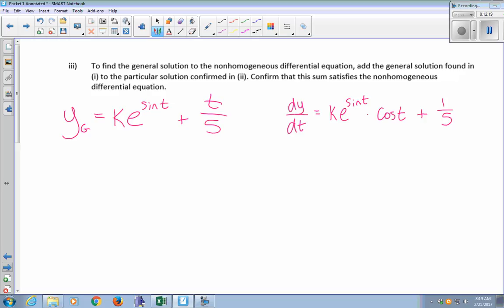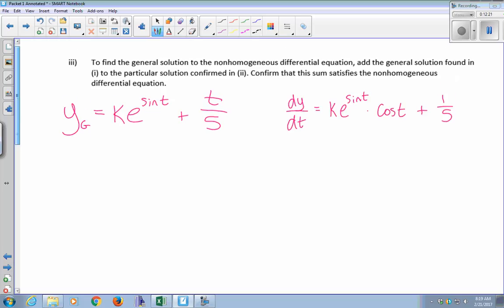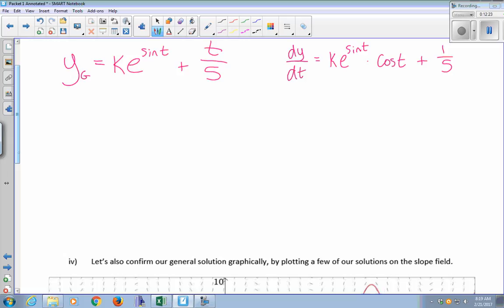So I'm going to rewrite the differential equation, plug in y and dy dt, and show that the left side equals the right side. dy dt equals cosine t times y plus 1/5 times 1 minus t cosine t.